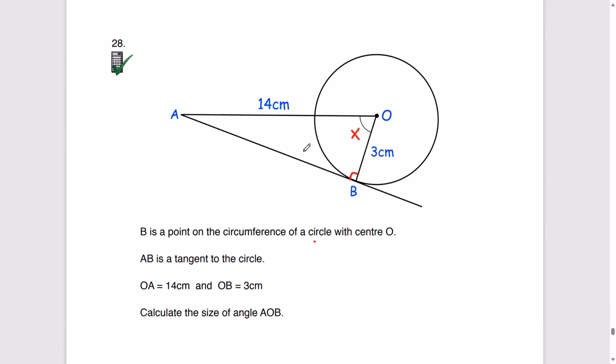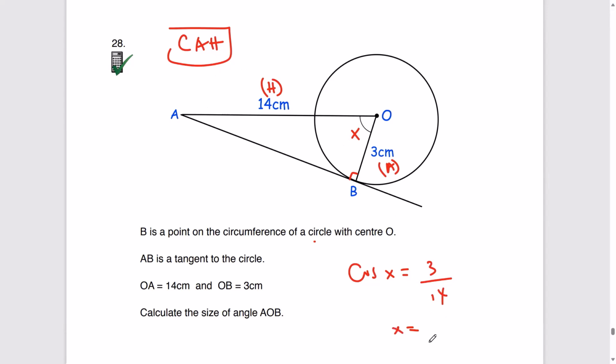So this is the hypotenuse and this is the adjacent. So you're going to use SOHCAHTOA, cosine. This is cos x. The adjacent is 3, and the hypotenuse is 14. So x is going to be the cos inverse of 3 over 14.